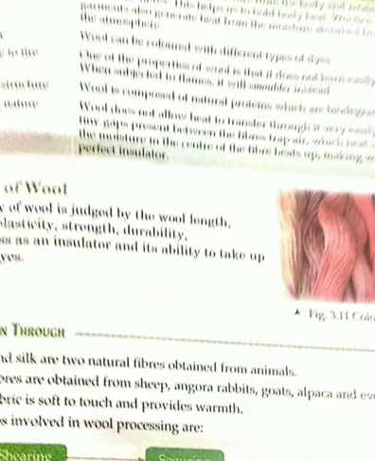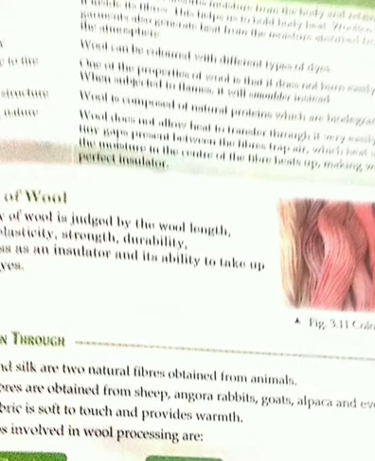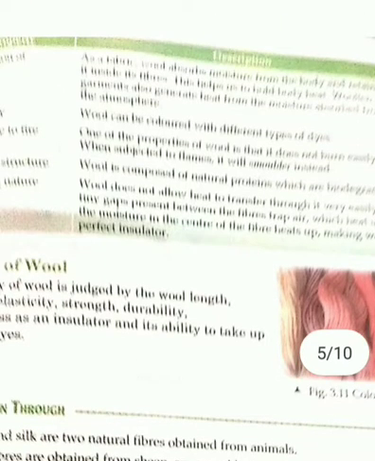And why are we using them? Since they are soft to touch and provide warmth, therefore we are using them. And next, the steps involved in wool processing are shearing, scouring, sorting and grading, carding and spinning. So I think up to here each and every topic is clear to you all.